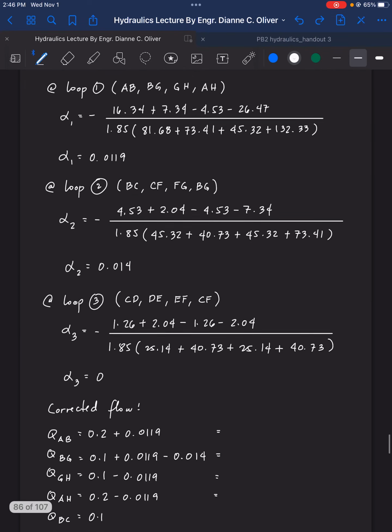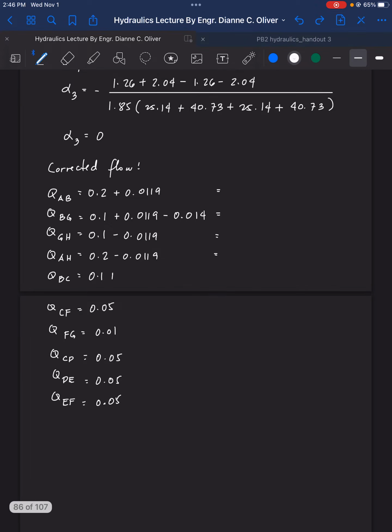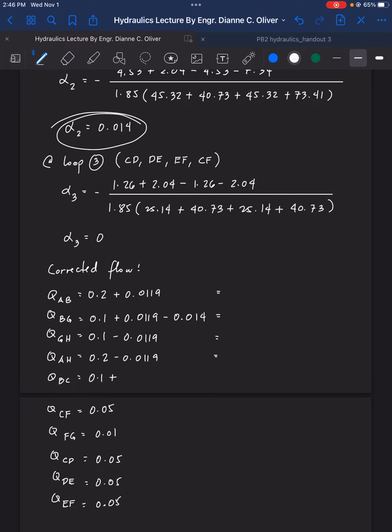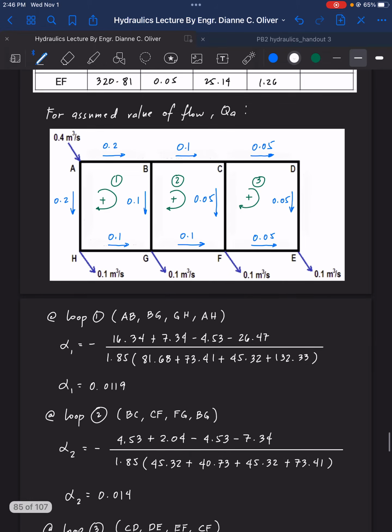For BC, we know that BC is at the top and it's clockwise. So the correction for BC is positive correction for loop number 2, 0.014. For CF, where is CF located? CF is located here. It is clockwise for loop number 2, counterclockwise for loop number 3. Therefore, for pipe CF, that is positive correction for loop 2 and negative correction for loop number 3.